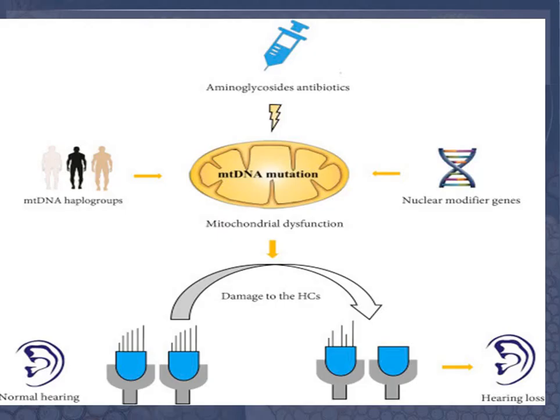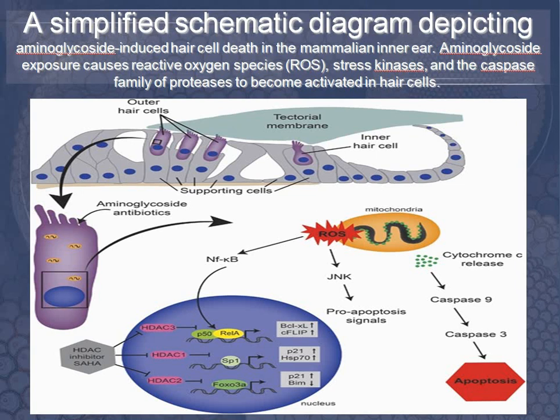Now here you can see how aminoglycoside antibiotics act, in this diagram. You can see a simplified schematic depicting aminoglycoside-induced hair cell death in a mammalian inner ear. Aminoglycoside exposure causes reactive oxygen species.